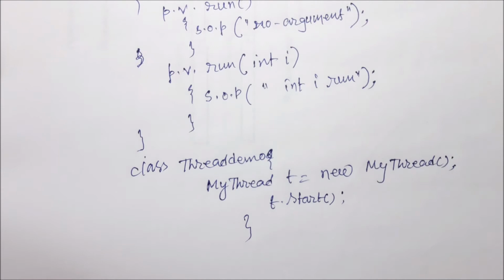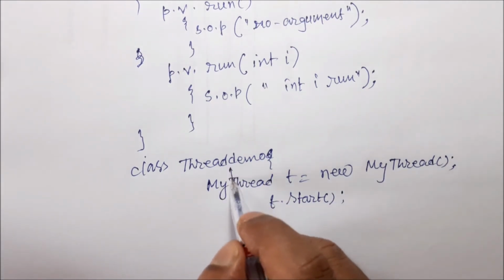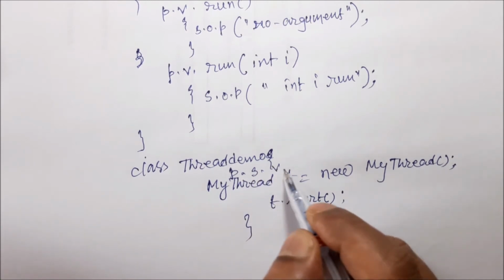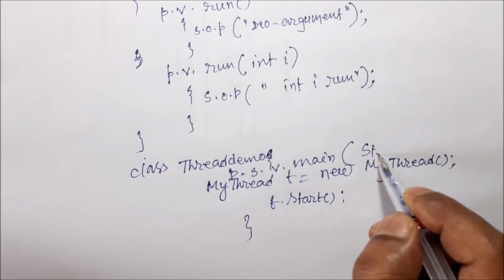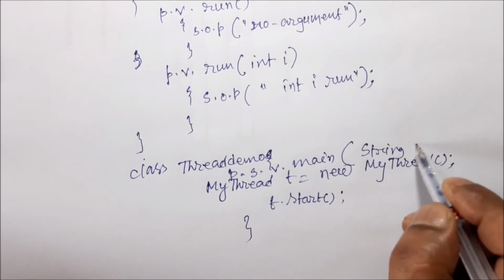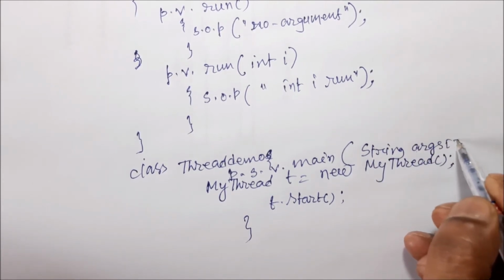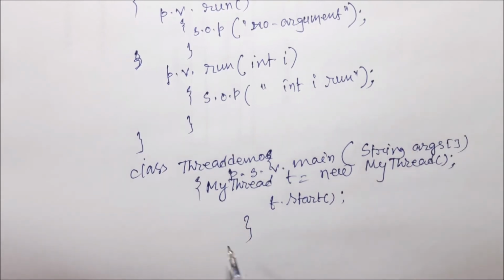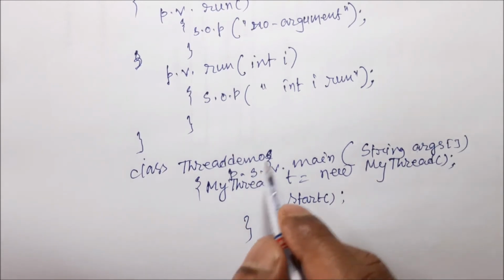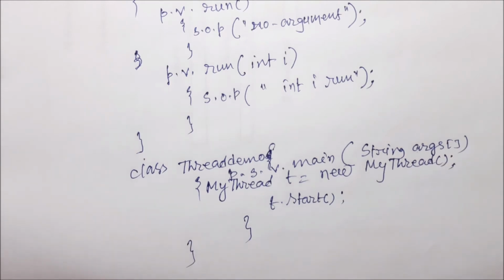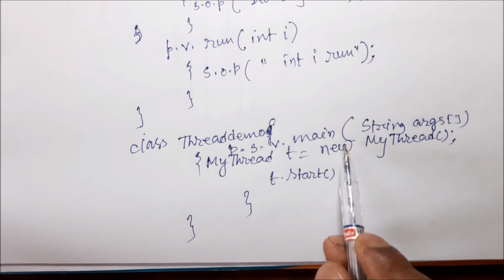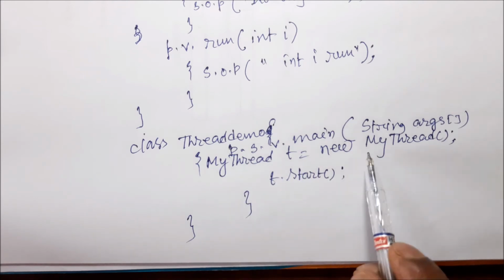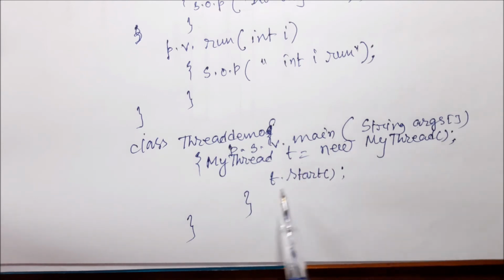So, what will be the output? This main method is public static void main(String[] args). Within this we have created MyThread, then the class is completed. So, within the main method we have created an object, MyThread t = new MyThread(), then we call the method t.start().